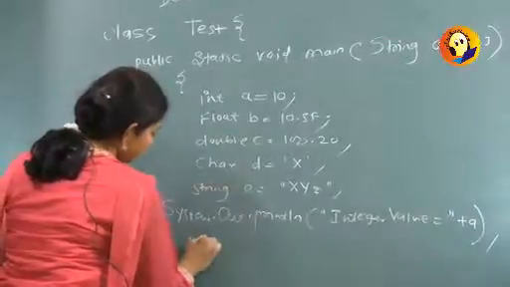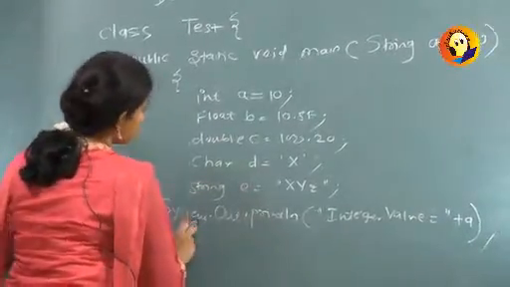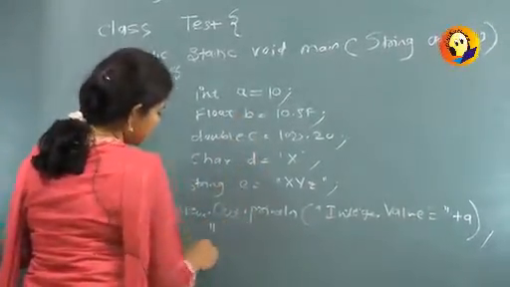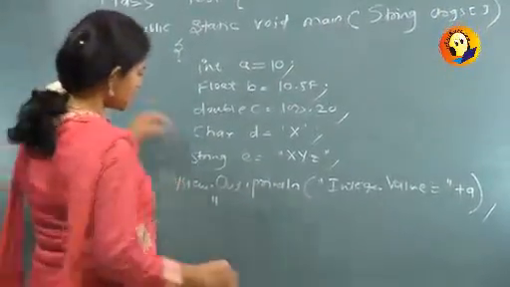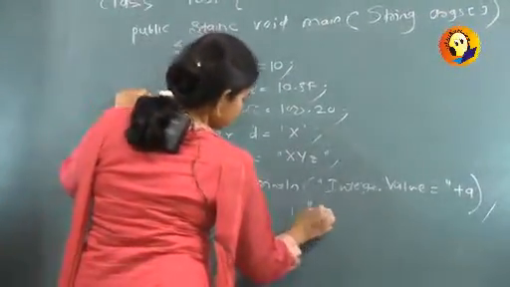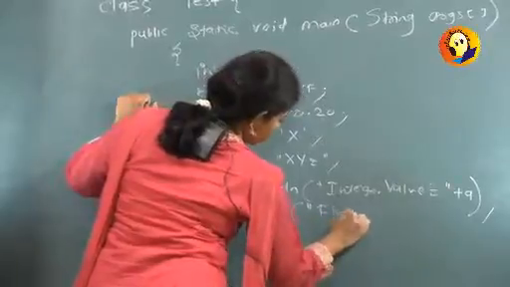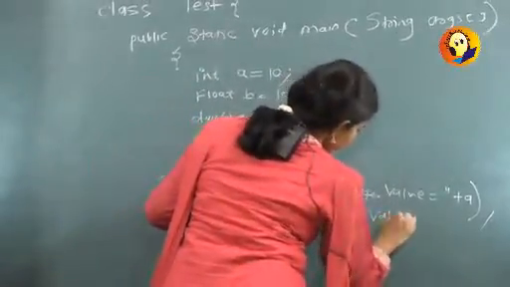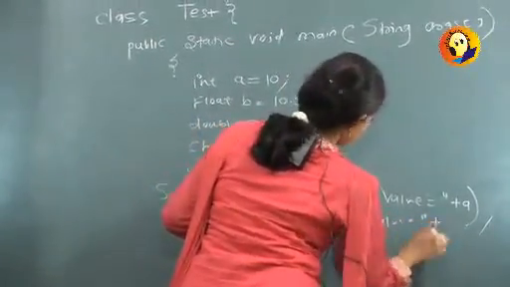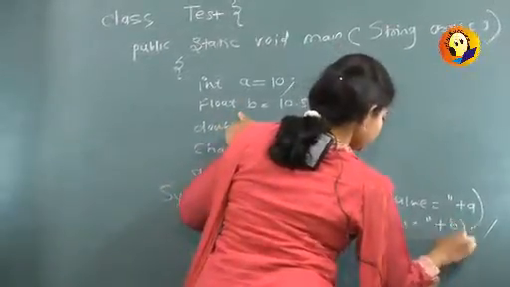In a similar way, if I need to display the value of B, I use System.out.println, inside the bracket "float value is equal to", and then the value of B.